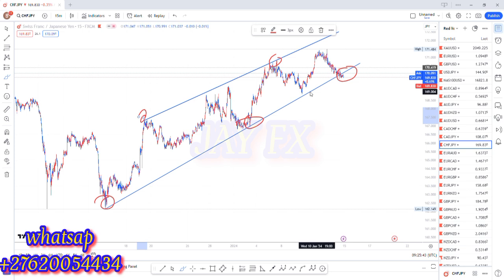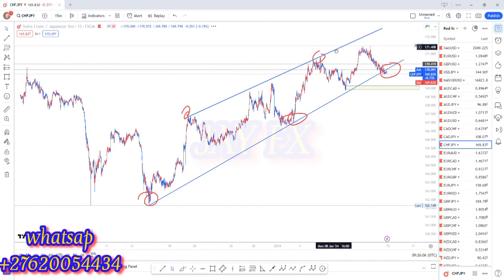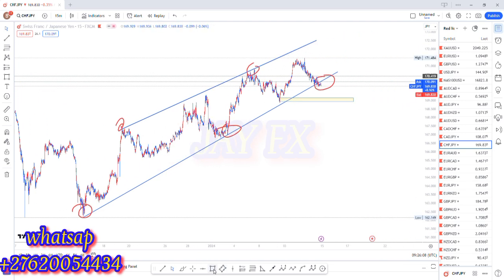So now what we're going to do, as we saw from previous time frames, we're going to wait for the market to break this, right? After the market breaks this, as we saw that this was the previous supporter, that's where we're waiting for the market to come down and break it.